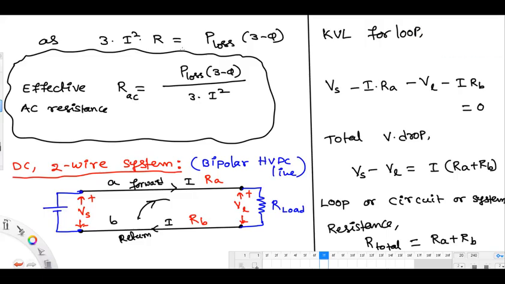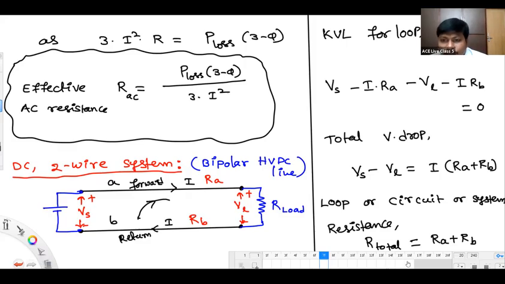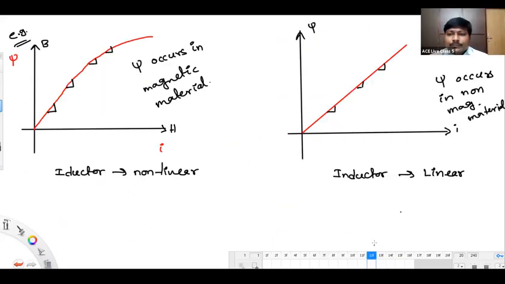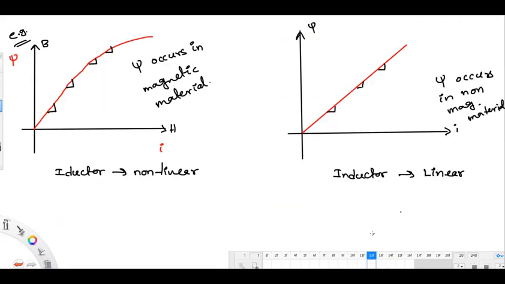Okay. Another last doubt. In the BH curves that you did for magnetic and non-magnetic material, the flux is linearly increasing in the non-magnetic material. What does this logically mean with respect to inductance?